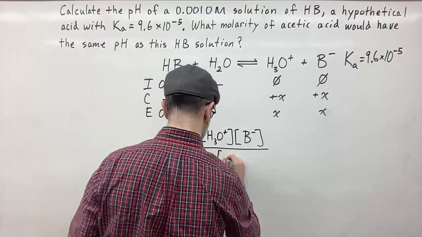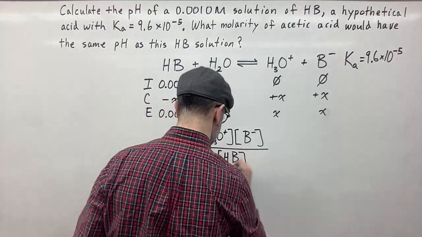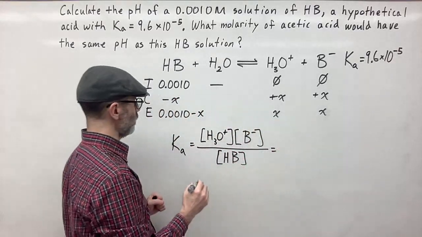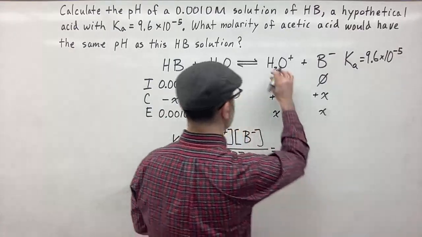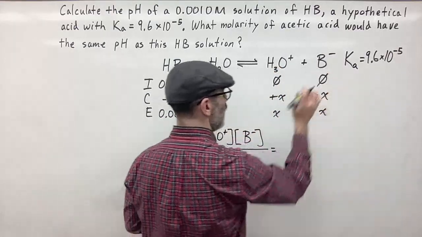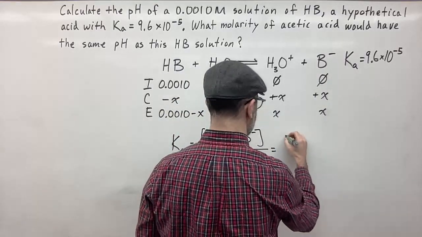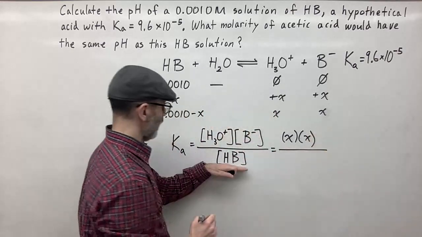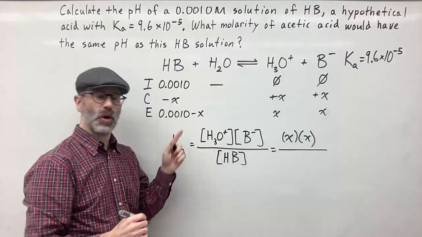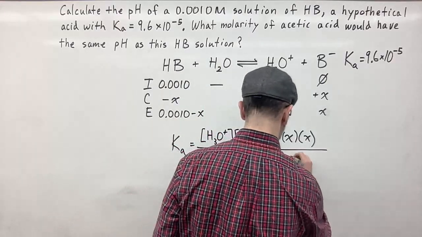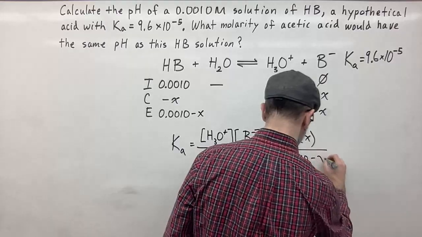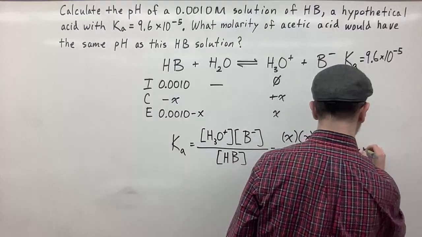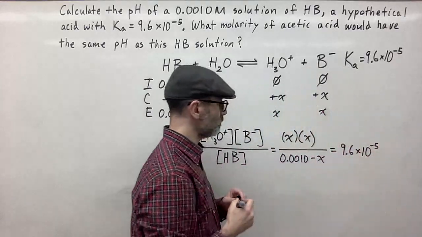Then we plug in our expressions for the equilibrium concentrations in terms of X. H3O plus and B minus are both X, so X times X over the HB concentration, which is 0.0010 minus X, and that's equal to 9.6 times 10 to the negative 5.